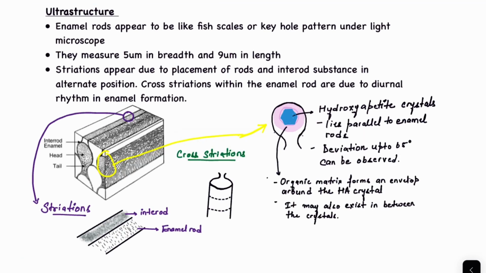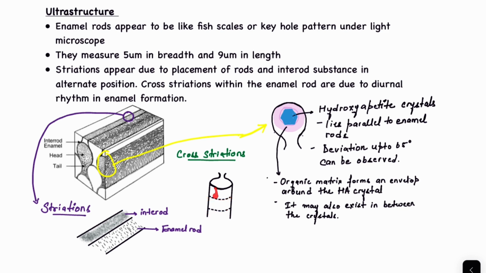So there is another type of striation, that is cross striations. And what are they? If I take this enamel rod out and view it from this side lengthwise, so this is the head, there are some striations on the enamel rod itself, and these are called cross striations. And how are they formed? They are formed because of the formation of enamel.